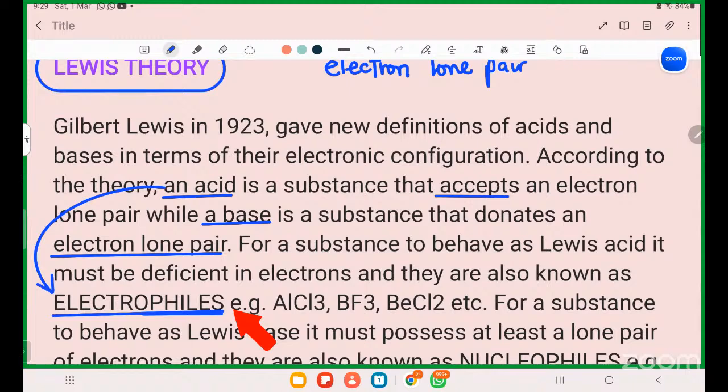Is this clear? Are you following? Do you have any question? If you have any question, you can use the chat box.